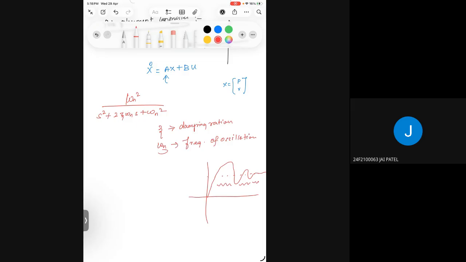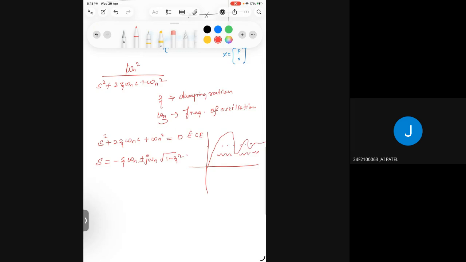If you find the pole, this is the characteristic equation, right? If I equate the denominator to 0, then I would get the characteristic equation, and from this I will find the poles. If you remember, our poles will be minus zeta omega n plus or minus j omega n root of 1 minus zeta square. That is how our poles will be.